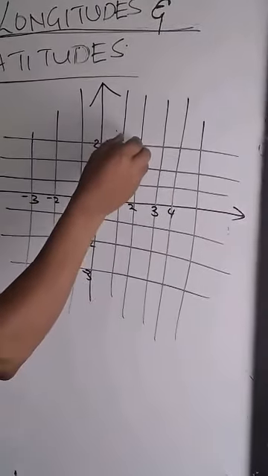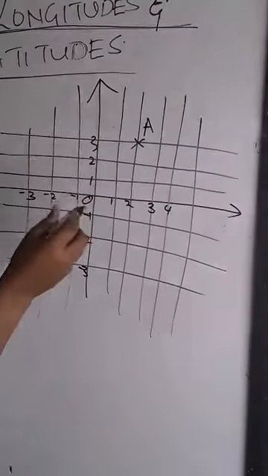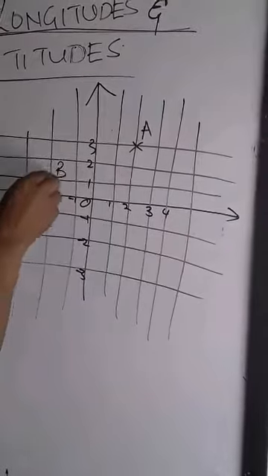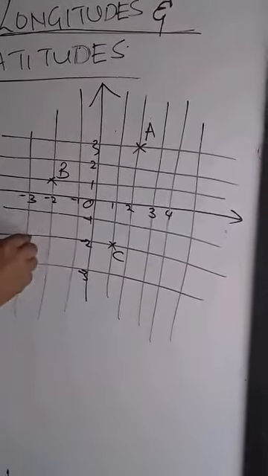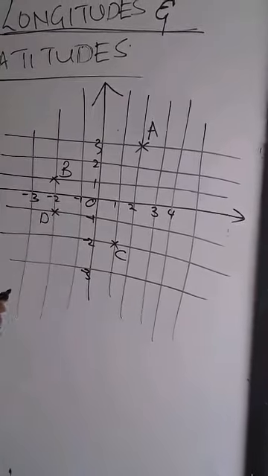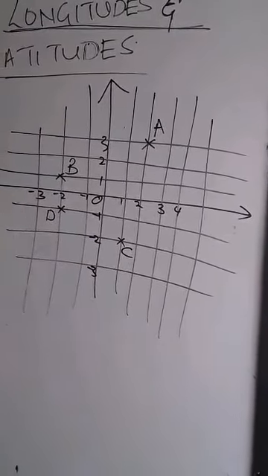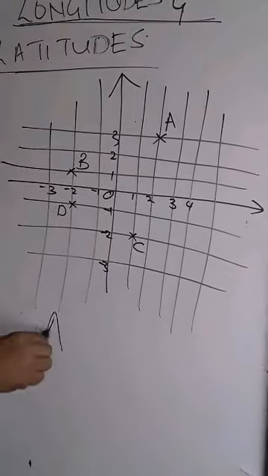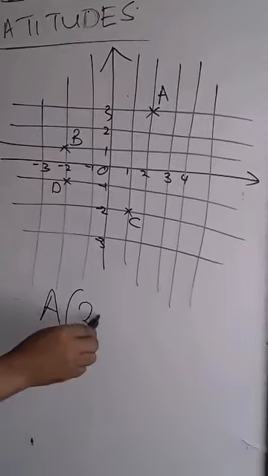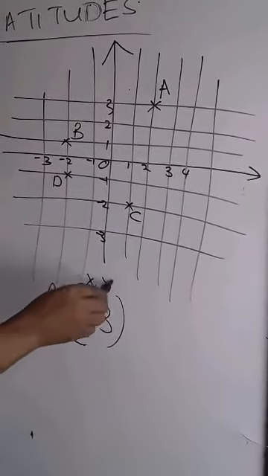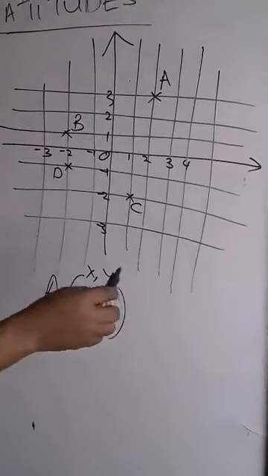If I have a point, say, point A, maybe I also have a point B, maybe I have a point C, maybe I have a point D. It is possible to locate point A by coordinates. The coordinates of A are 2, 3, starting with the X and Y, the X ordinate, then the Y ordinate.